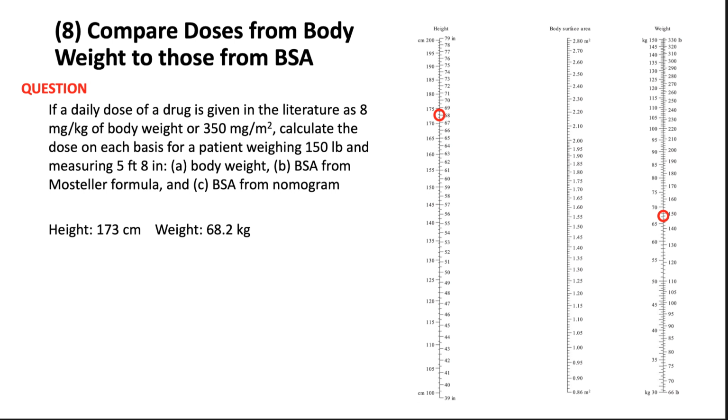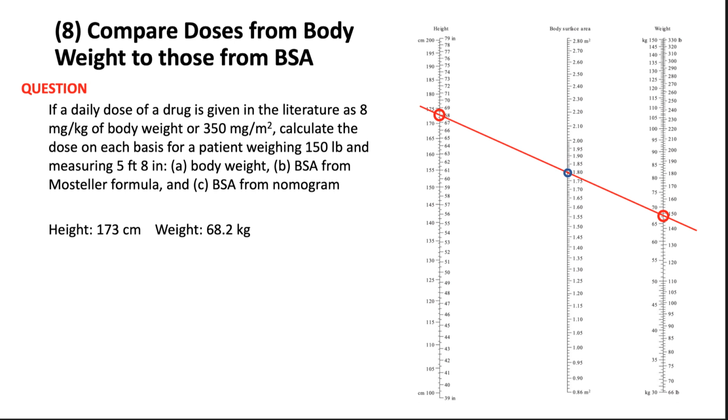The next step to doing a nomogram is to use a ruler to connect those two dots. So you line your ruler up and you draw a line from the height down to the weight that intersects both of those values. And to calculate the body surface area, you look to see where it intersects on that middle scale. So if I draw that circle right where the red line crosses over the body surface area scale, you can see it's right about at the 1.8 location on that nomogram.